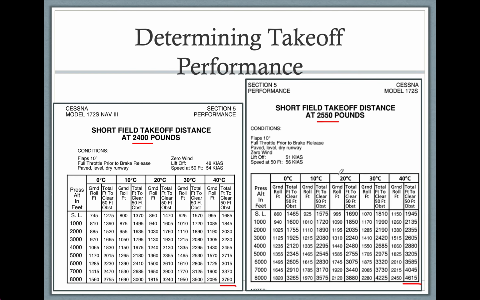So without looking at the example ones, let's say I'm taking off at sea level, and it is exactly 20 degrees Celsius, then I will get those two numbers, because sea level is this line and 20 degrees Celsius is this column. These are my two values then. It would take me 995 feet to get into the air, and it would take 1,690 feet from the beginning of my takeoff roll to climb 50 feet.